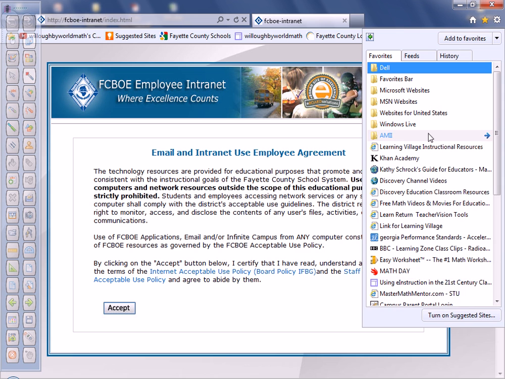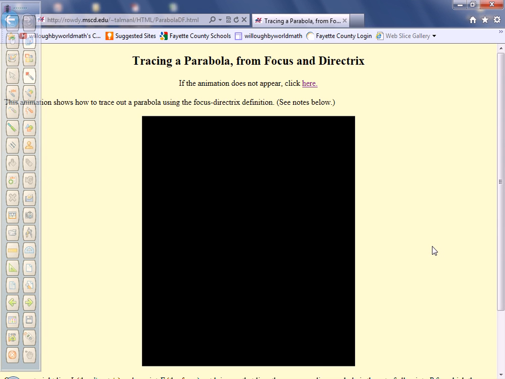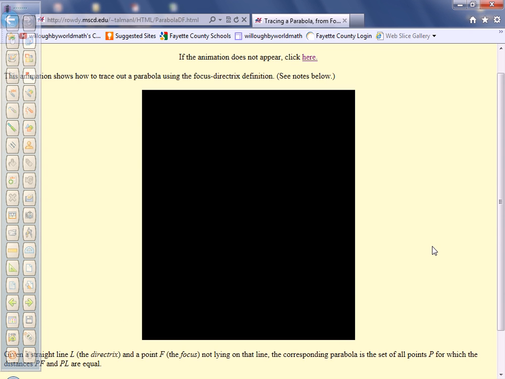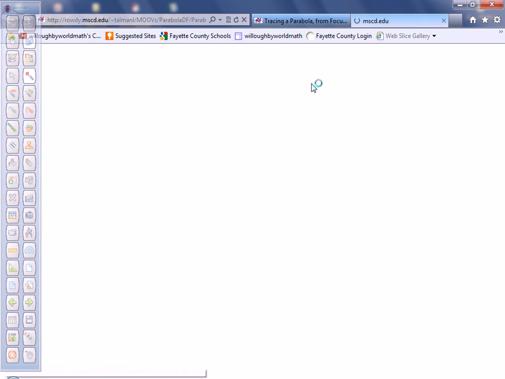It says if it doesn't appear, click here. I did, but that sent me to another dark page. Bummer, because this is a really good one.